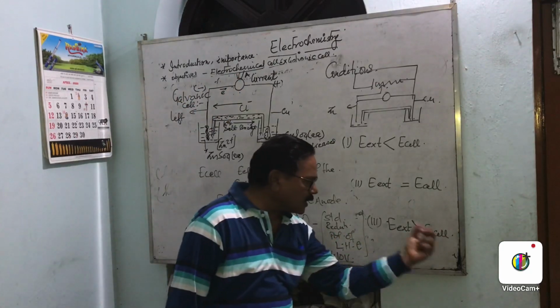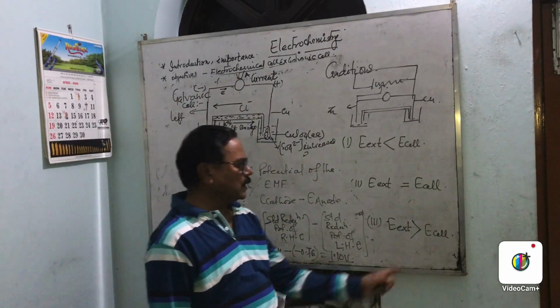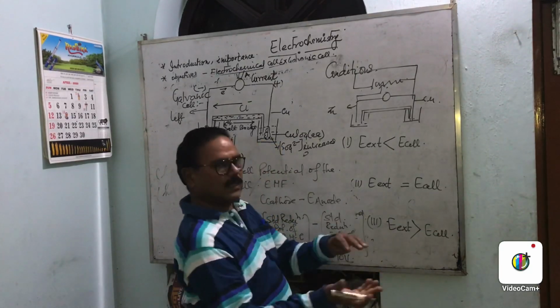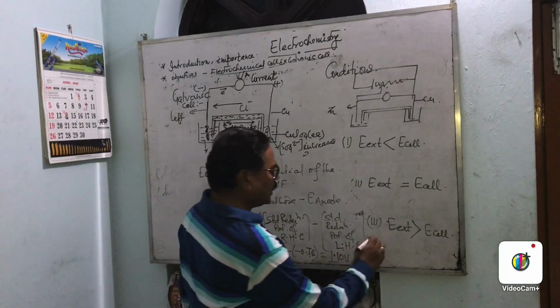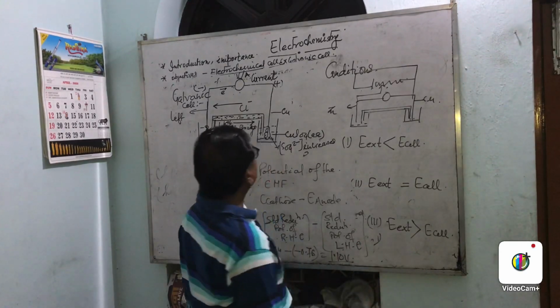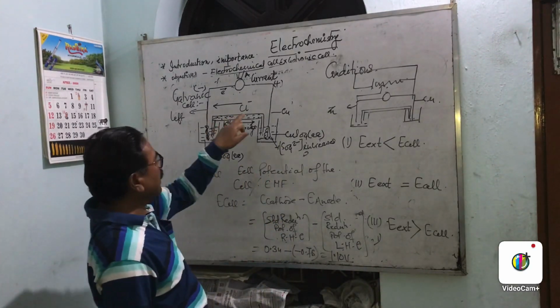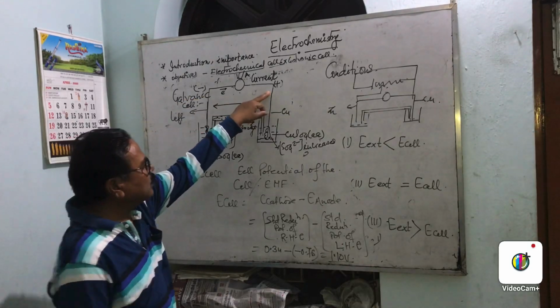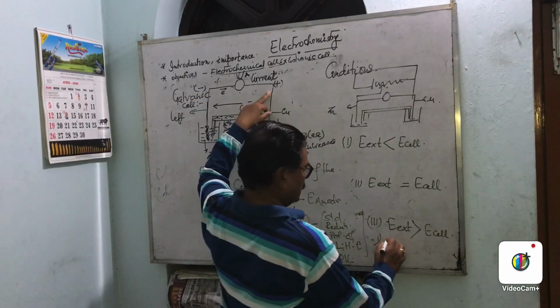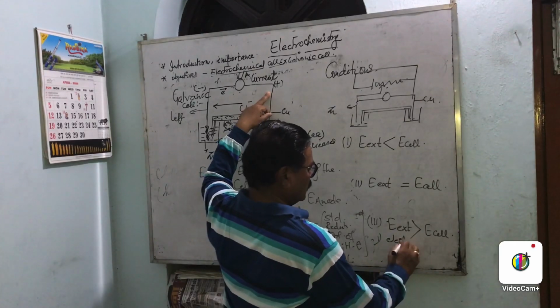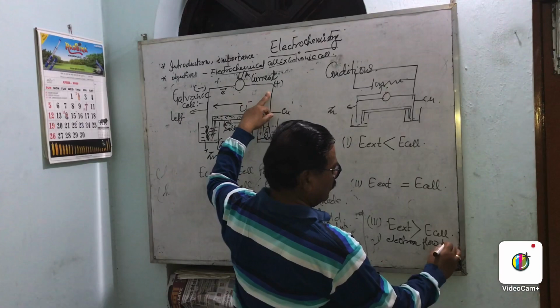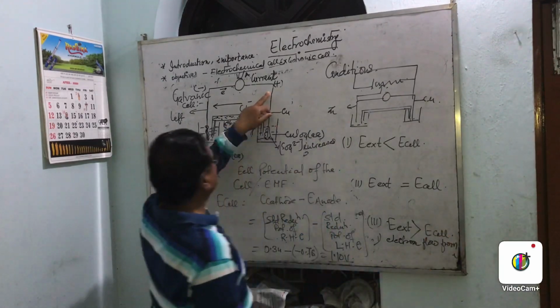Condition is given external is greater than that of cell potential. So the reaction will just reverse. So what will happen in that situation? Here zinc, and here the electron will flow from where?